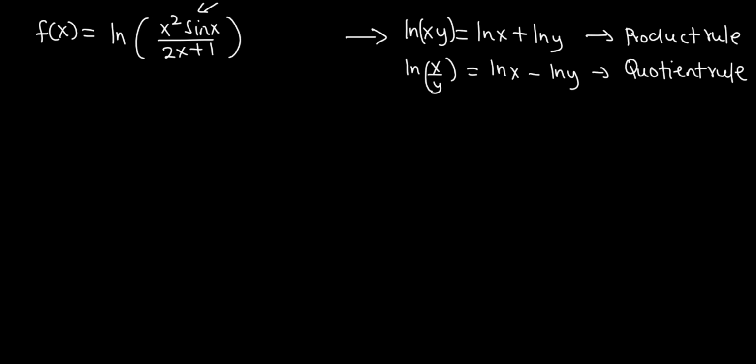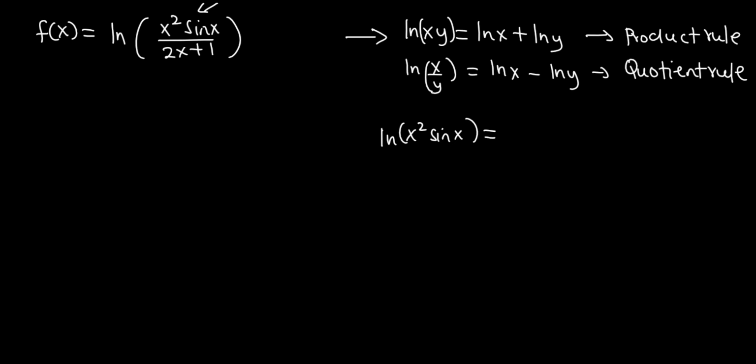So we have ln of x squared sine x. That's a product, so you are going to apply the product rule here.